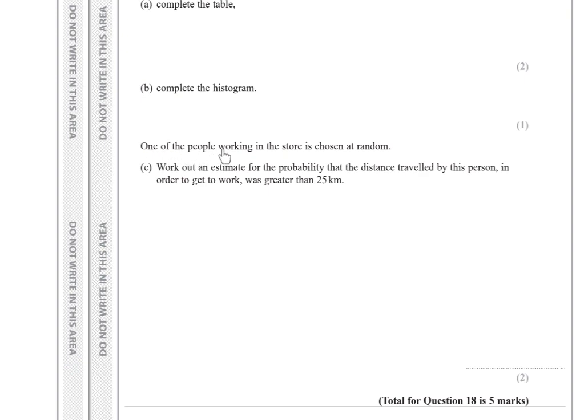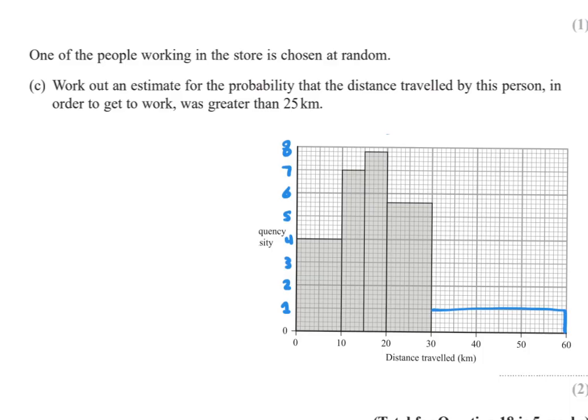One of the people working in the store is chosen at random. Work out an estimate of the probability that the distance traveled by this person in order to get to work was greater than 25 kilometers. Greater than 25, so we need to find the area of the numbers greater than 25.